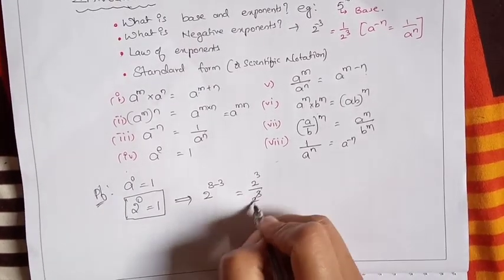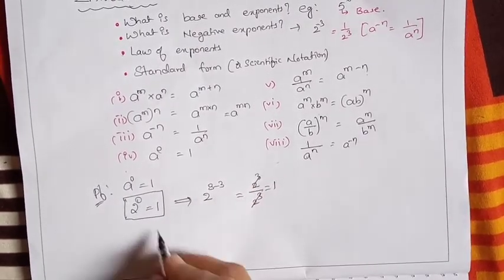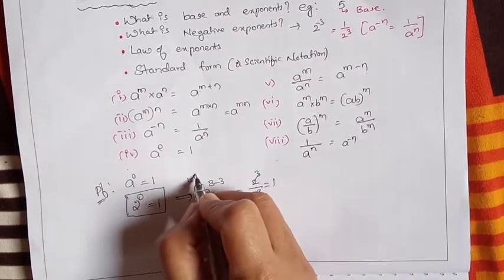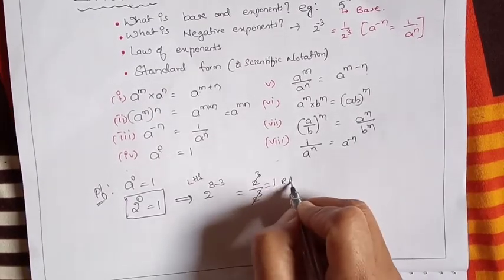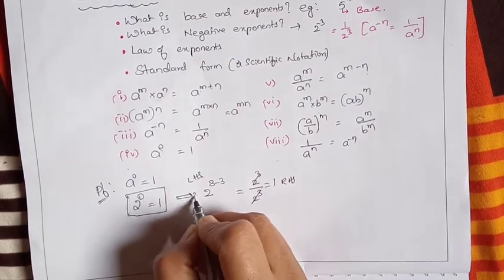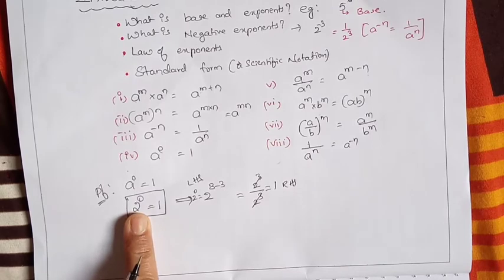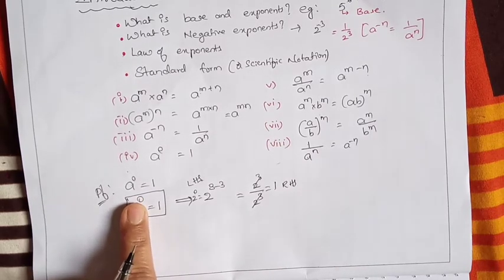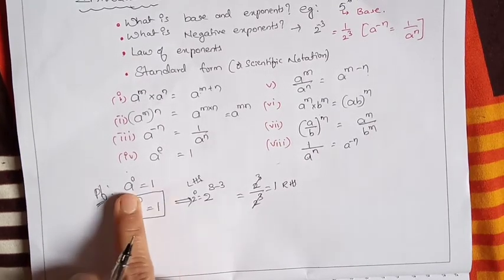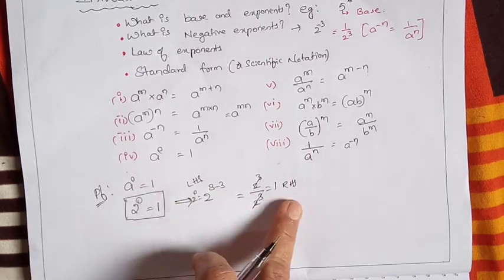How much will you get? 1. Yes. This is LHS and this is RHS. I started with the LHS, 2 to the power 0. In this way we get 2 to the power 0 is 1, or any number to the power 0 is 1. So a to the power 0 is 1, that is the proof.